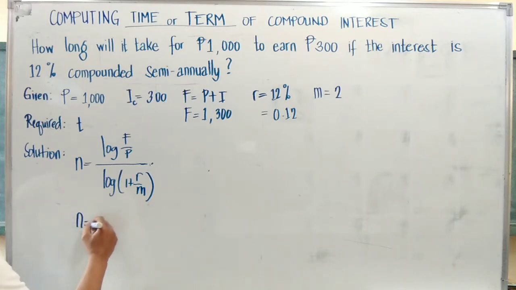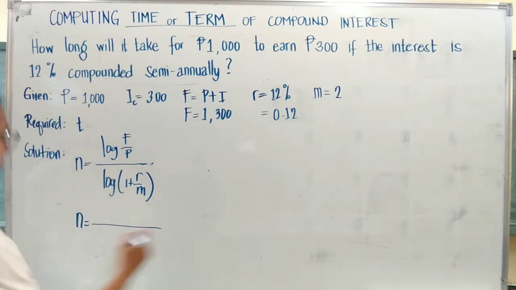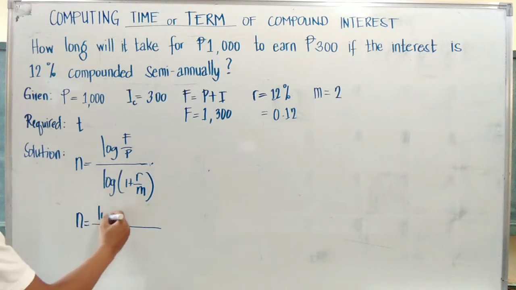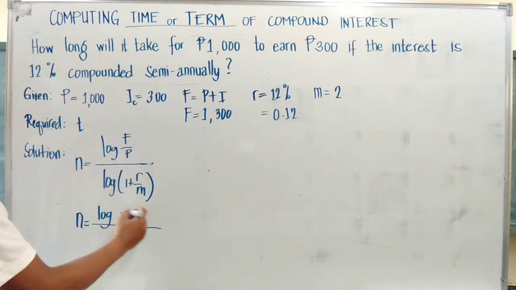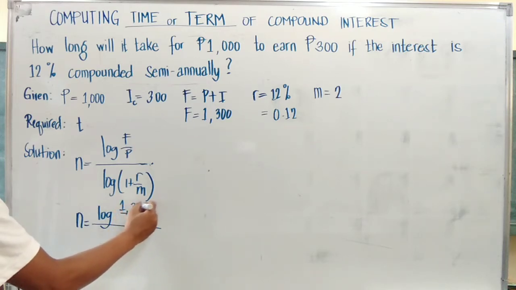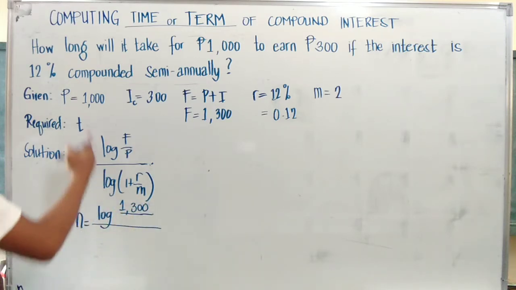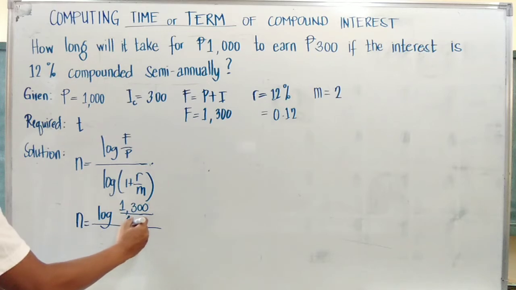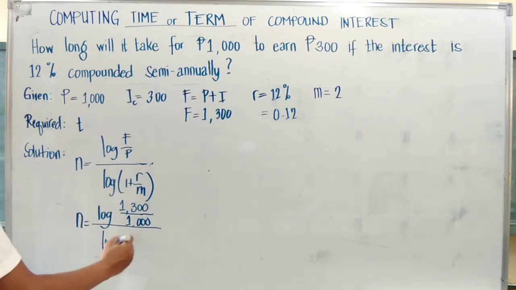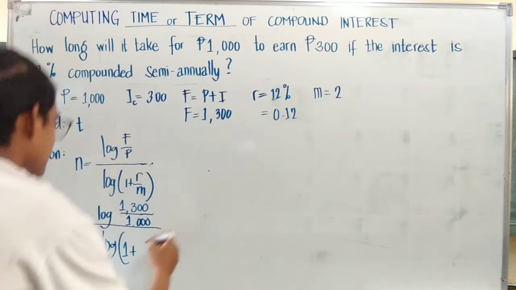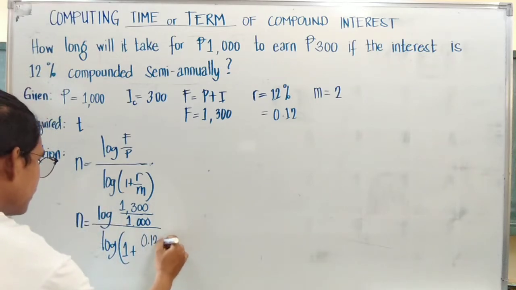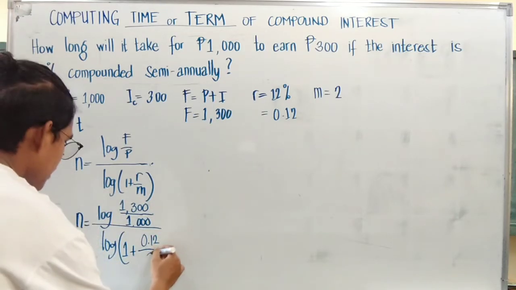So we have N equals log, substituting. F is 1,300 divided by P, which is 1,000, divided by log of the quantity of 1 plus R, which is 0.12 over M, which is 2.